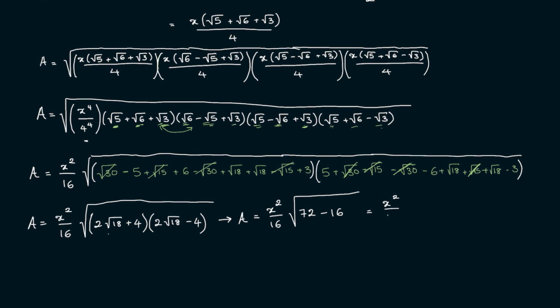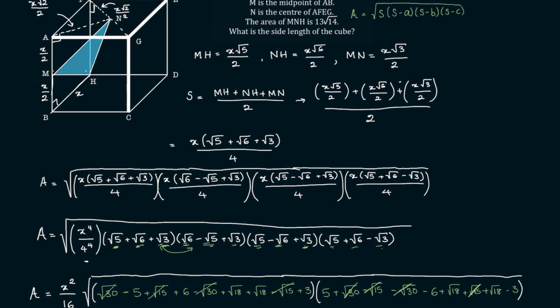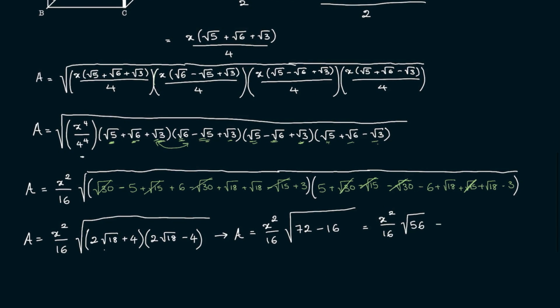And this is equal to x squared over 16, and 72 minus 16 is 56. Now, do not forget that we had this area defined. We were given that the area of triangle MNH is 13 radical 14. So this is all equal to 13 radical 14.